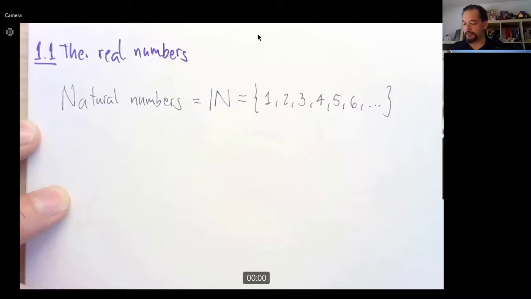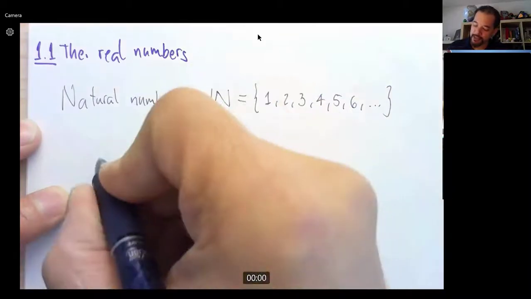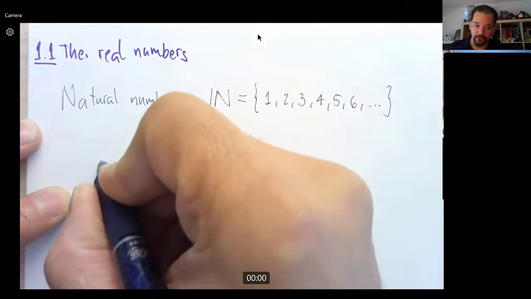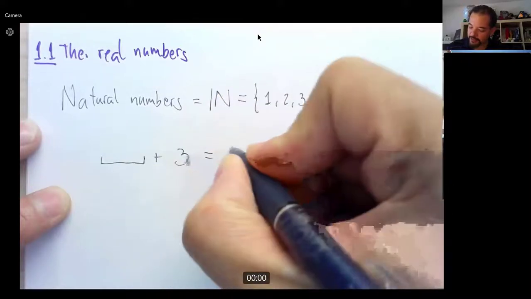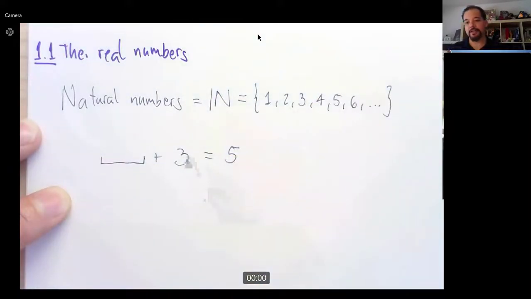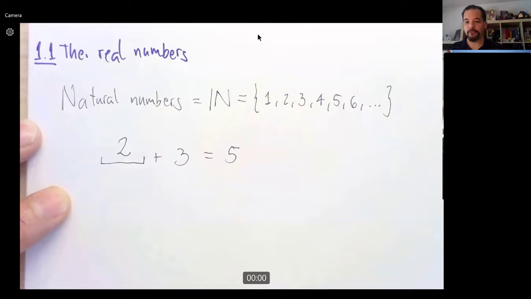So for instance, if I go back to elementary school, you will have this type of fill-in-the-blank problems, right? Where it's like blank plus 3 equals 5. Oh, well, that's easy, right? And we'll look for the answer, and the answer is the number 2, right? Because 2 plus 3 equals 5.